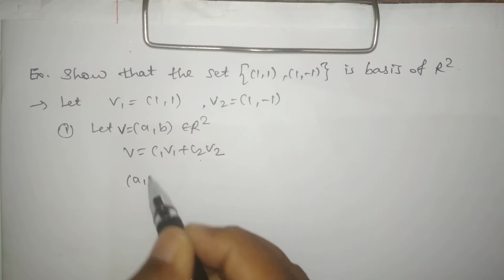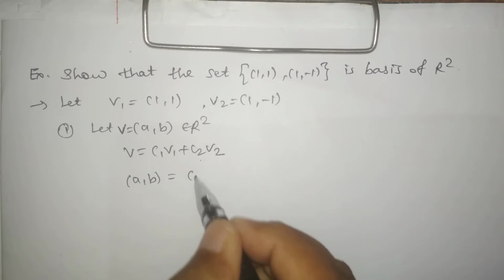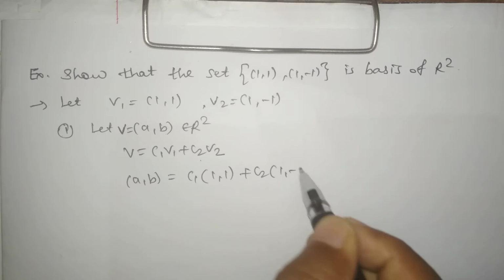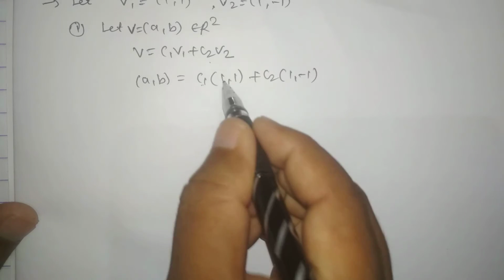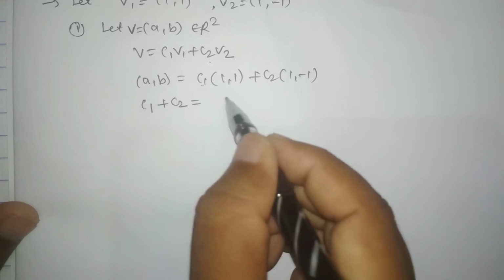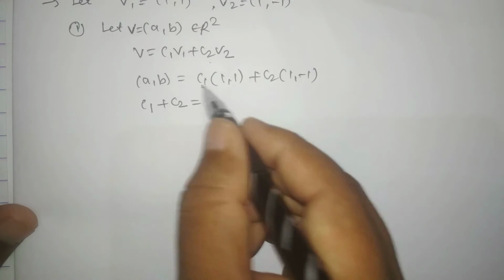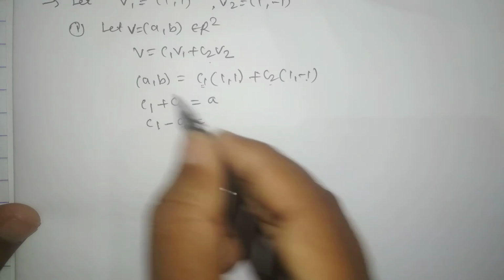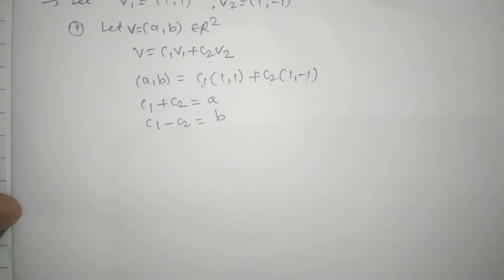So V is given as (A,B). C1 into V1, which is (1,1), plus C2 into V2, which is (1,-1). Now this can be written in equation form as C1 into 1, that is C1, plus C2 into 1, that is C2, equals A. And C1 into 1, that is C1, plus C2 into -1, that is minus C2, equals B. Now we have to solve this system.